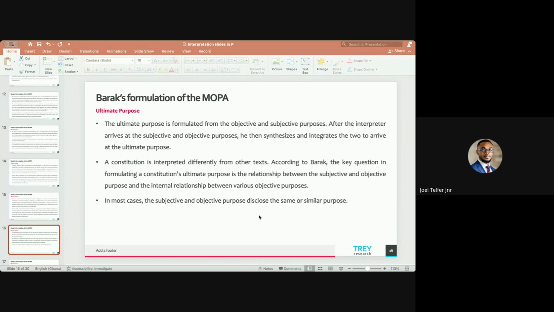And when it comes to statutes and constitutions, you have to do a balancing act. So it is not set in stone to say that you do the objective or you do the subjective, depending on the question that you are faced with. Sometimes you must defer to the subjective intent, sometimes you must defer to the objective intent, especially when there's a clash. So it is always a balancing act.